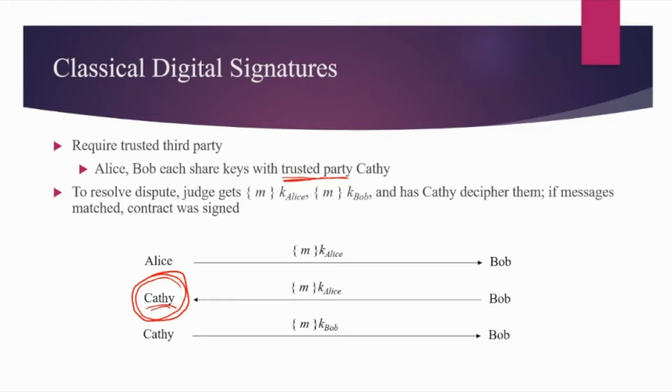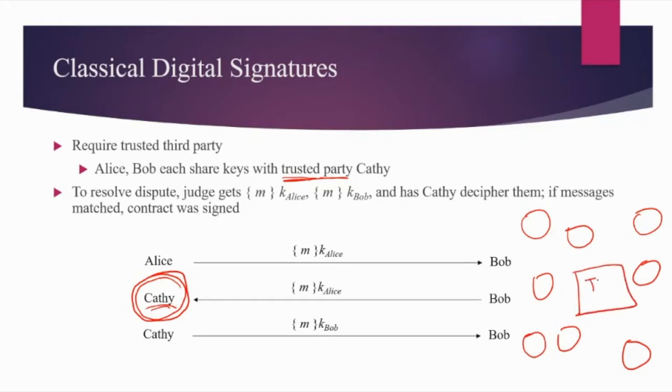So we will have a group of people, and by mutual decision they decide that this will become the trusted third party, and each communicating party will share the key with this third party. We are not sharing the key with each other, rather we share the key with the trusted third party. So Alice and Bob will share their keys with Kathy, and Kathy has the key of Alice as well as the key of Bob.